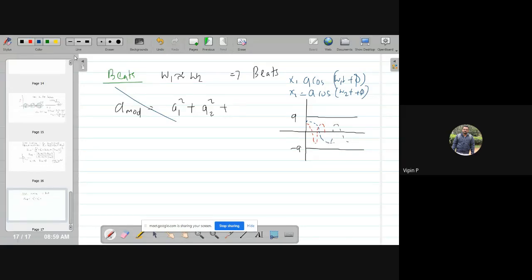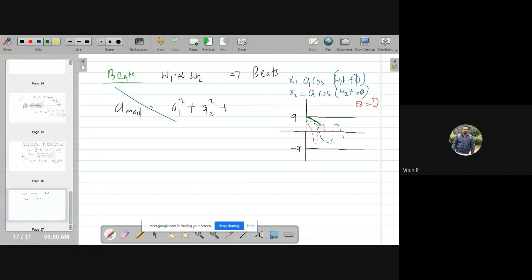Now, if they are of same amplitudes, you see that theta is equal to 0, which means that the resultant amplitude would start from here.